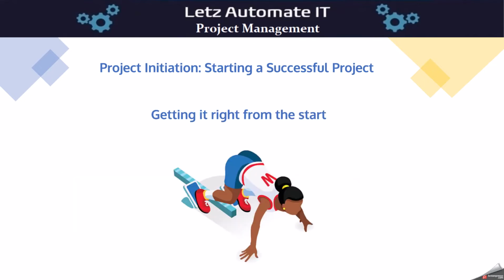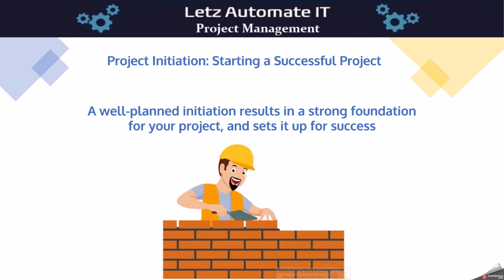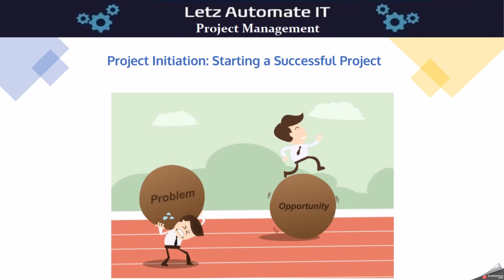Because initiation is the first part of a project, it's really important you get it right from the starting blocks. A well-planned initiation results in a strong foundation for the rest of the project, and really it gives the project the best chance for success. Initiation normally begins after a problem or opportunity has been identified within the organization.